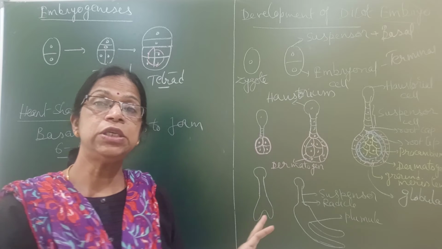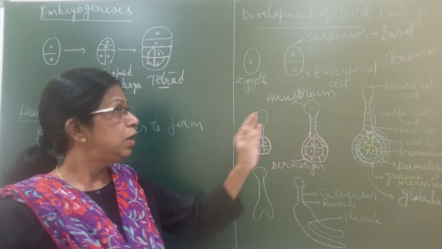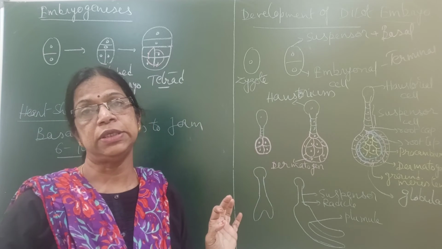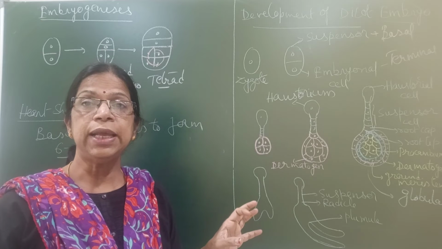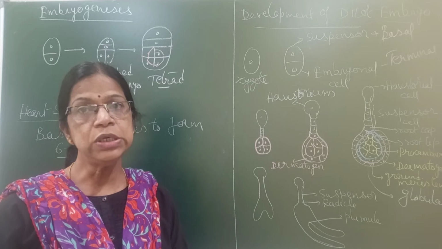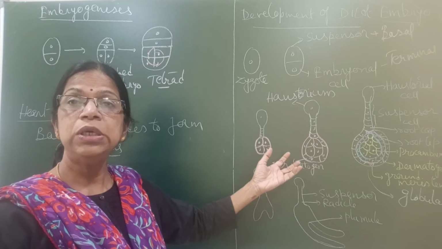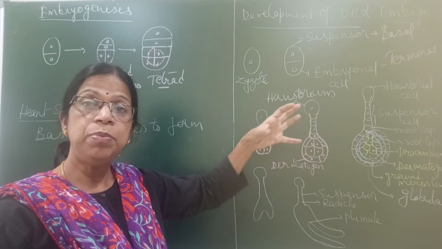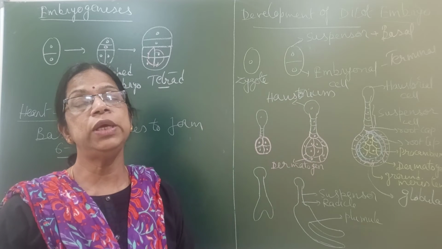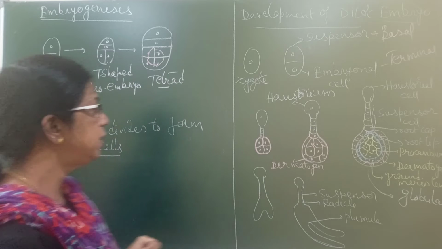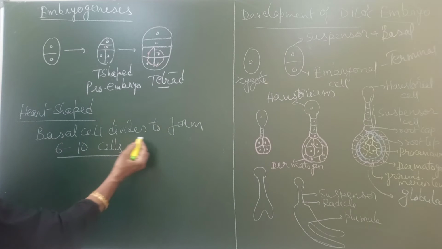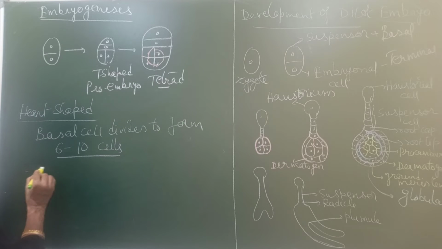Now what is the function of this haustorial cell and suspensor cell? The haustorial cell will help in absorption of food, as the embryo needs food, and the suspensor will push the embryo deep into the endosperm. So I am going to write here: the basal cell divides to form 6 to 8 cells.